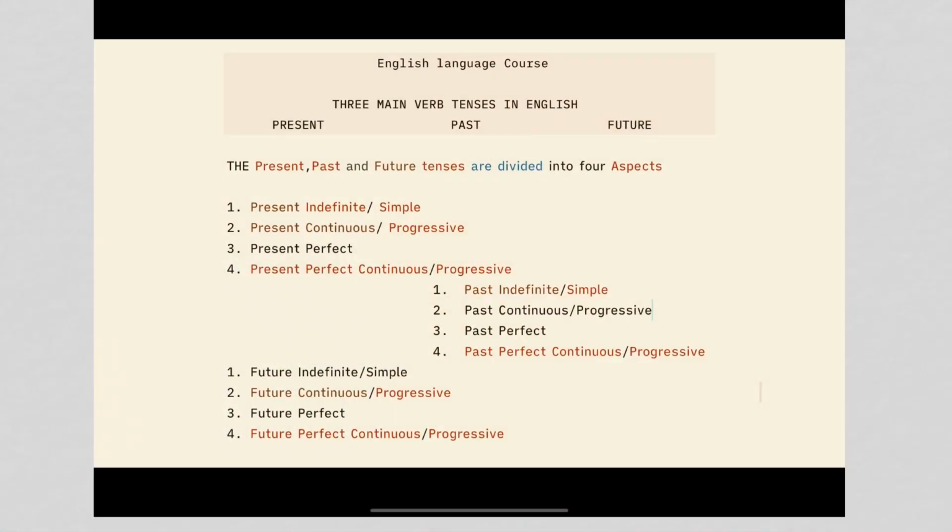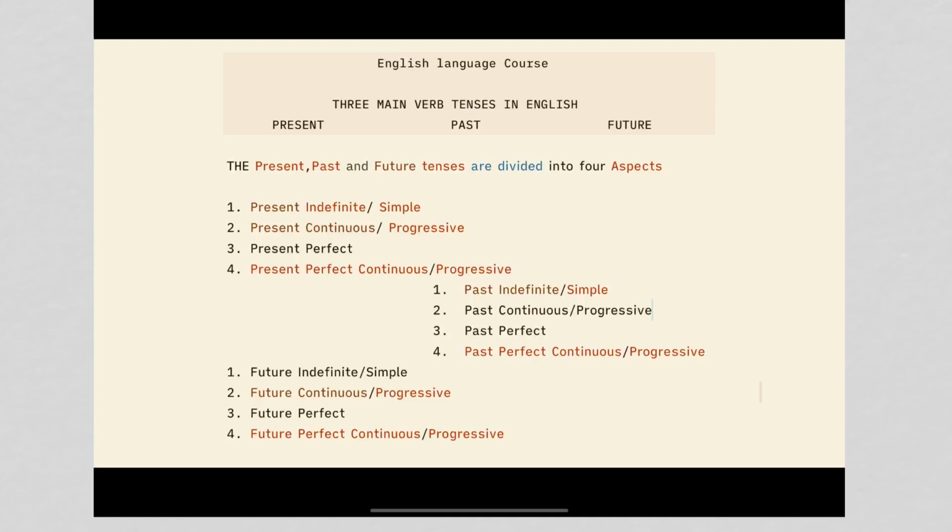So here we have all the verb tenses in English for present, past, and the future one. 4 for the present, 4 for the past, and 4 for the future. 12 altogether.